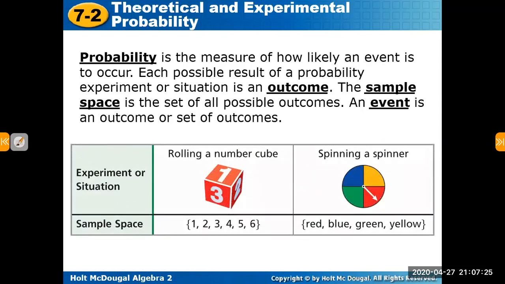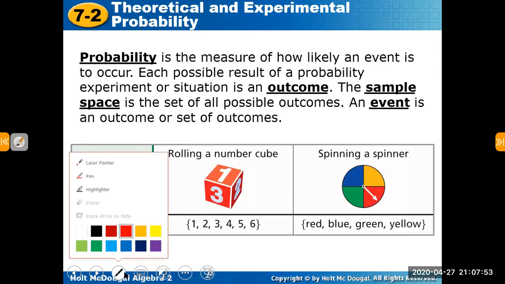So let's explain it with an example. Here, the event in the first situation is rolling a number cube. So we are going to roll a number cube. That's the experiment or the event. The sample space is all the possible outcomes we'll get by rolling the number cube, which is the numbers 1, 2, 3, 4, 5, and 6.